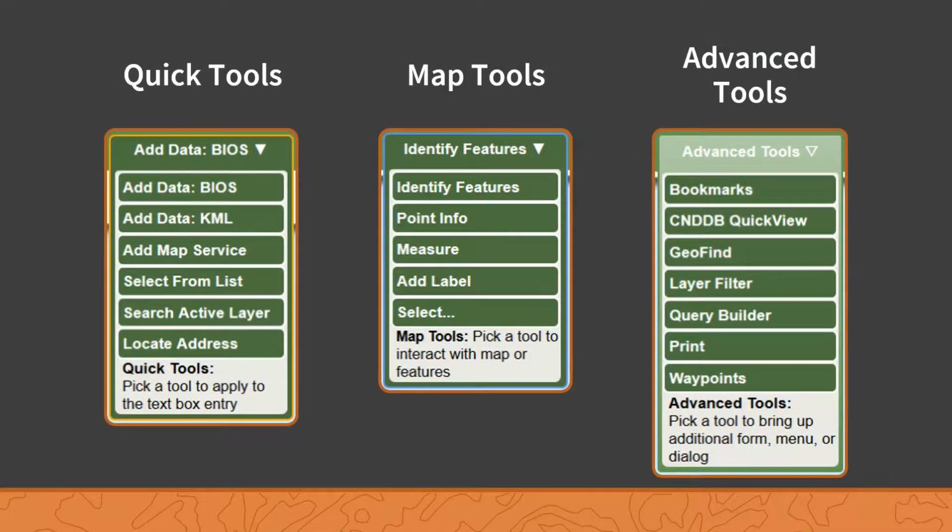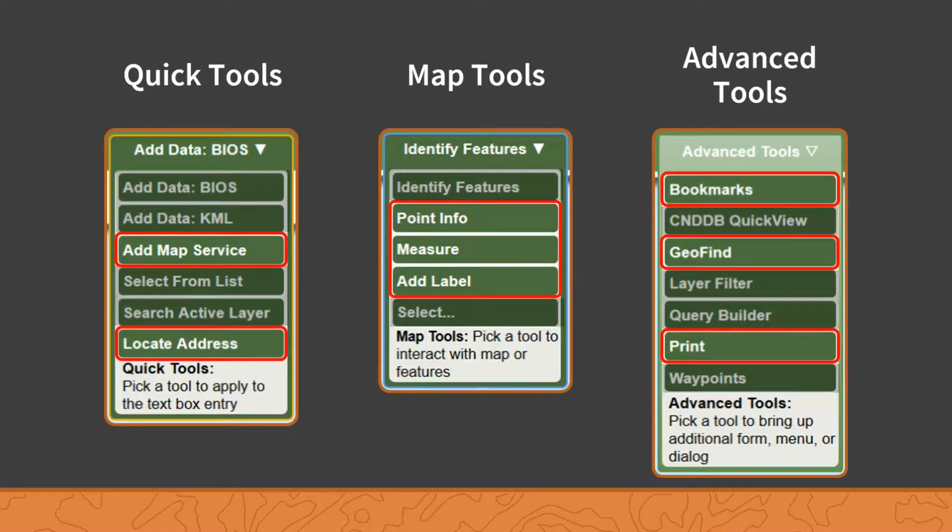As we covered in the previous video, BIOS has tools grouped into three menus: Quick Tools, which work with the search box adjacent to it, Map Tools, which work within the map frame, and Advanced Tools, which require additional input from the user.